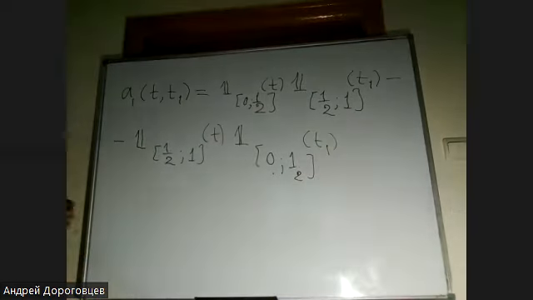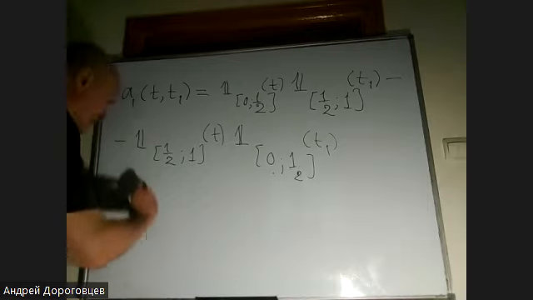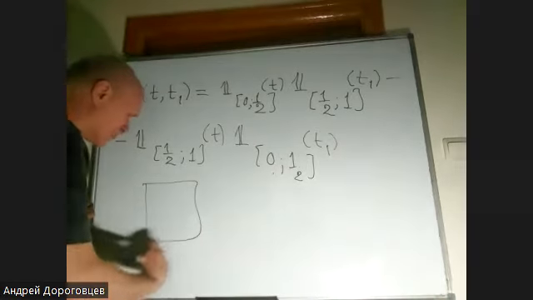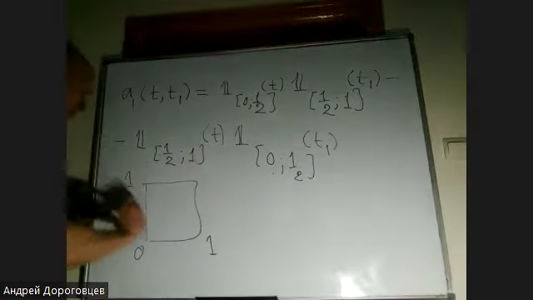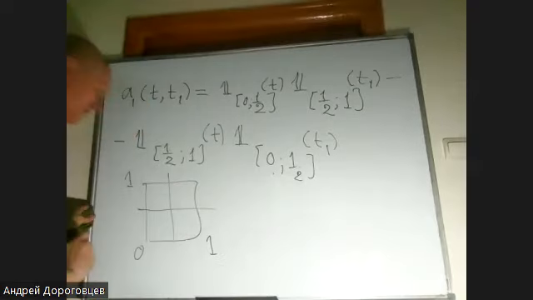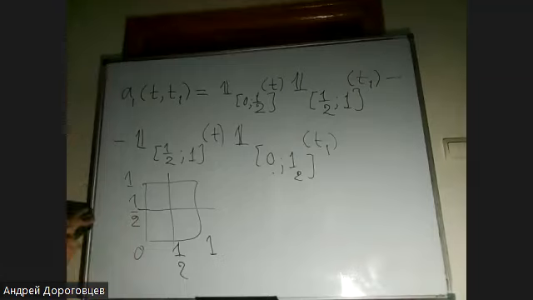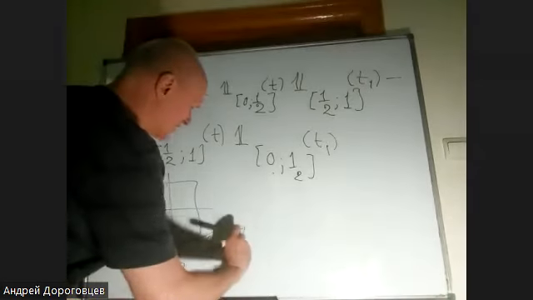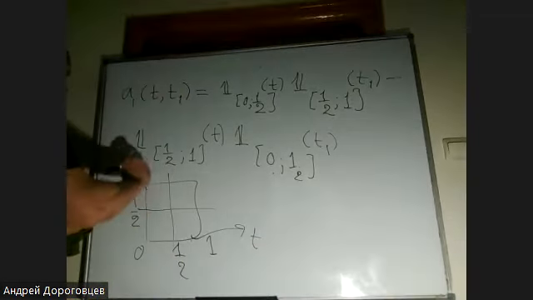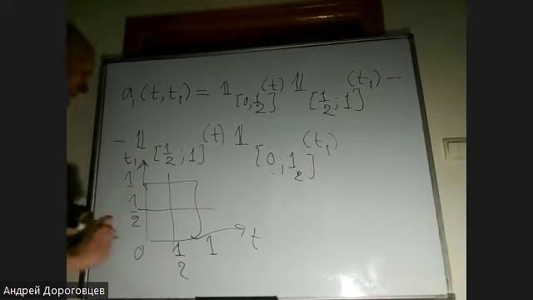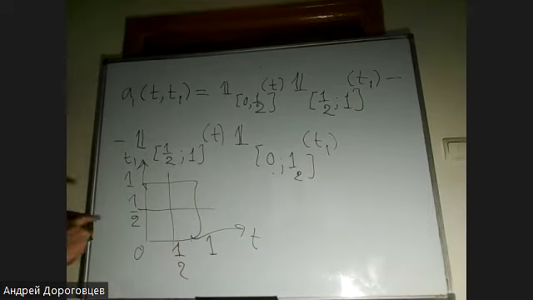Write a picture of this kernel. If this is a square from 0 to 1 by 0 to 1, here is 1/2, 1/2, lines. Then if this is T and this is T1, what do we have?